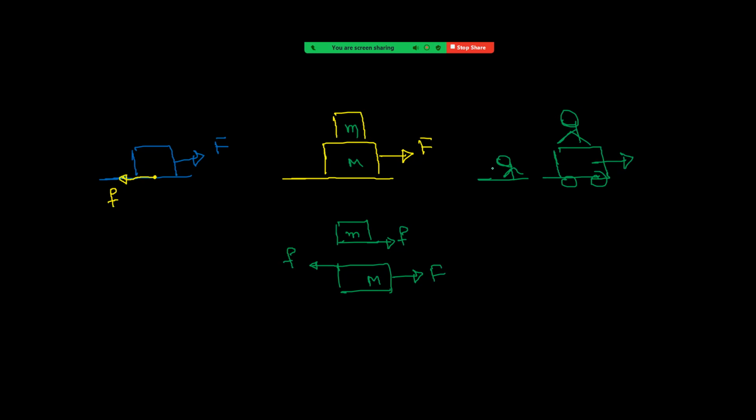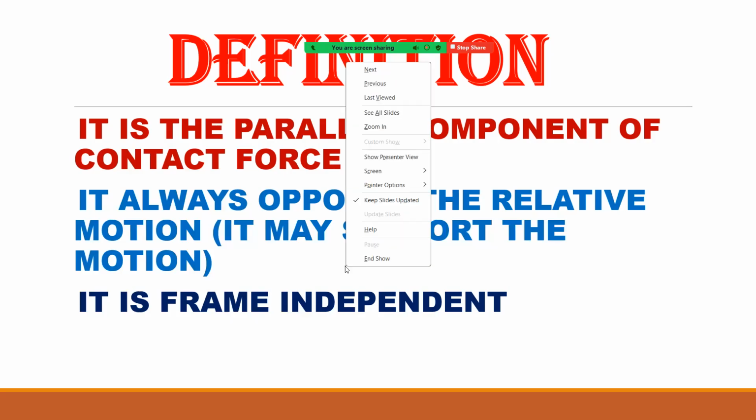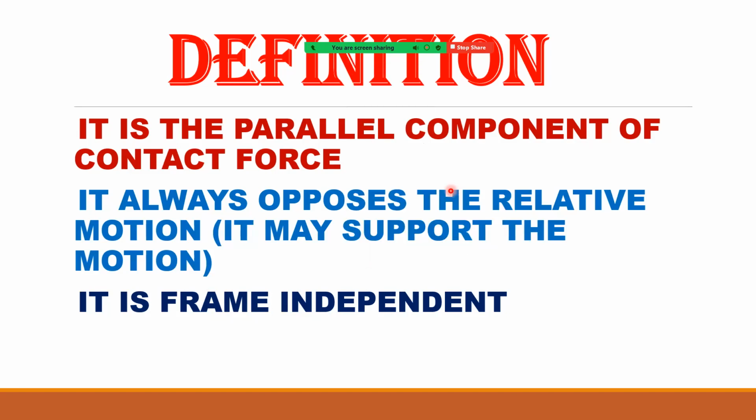For this person who is standing on the ground, for this person also, the frictional value is the same. That means frictional force is not depending on the frame. From any frame, the value is the same. That is the meaning of frame independent. Okay. Right. Next.